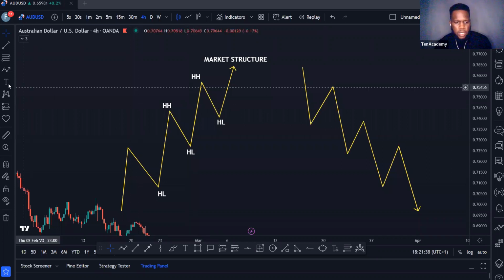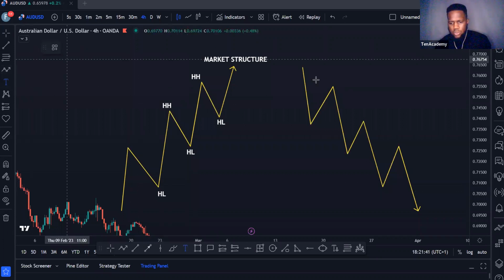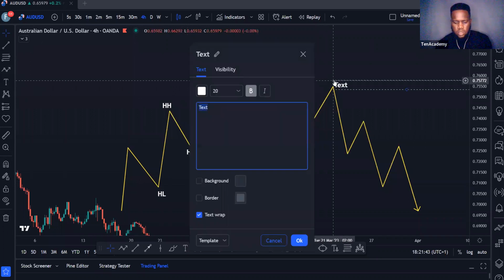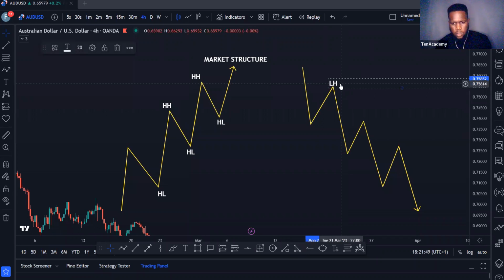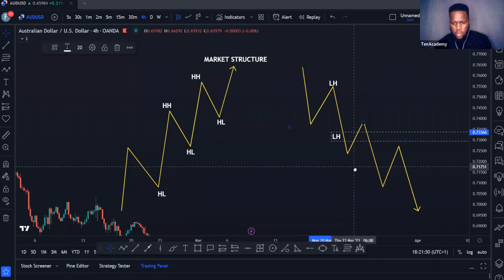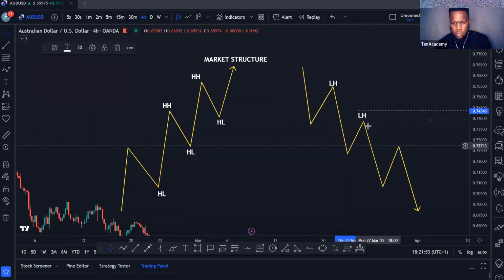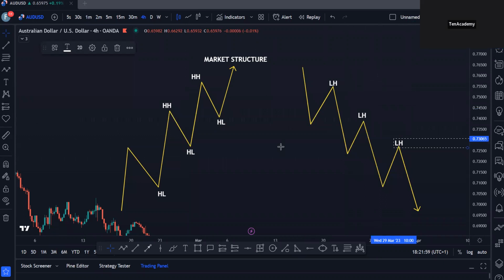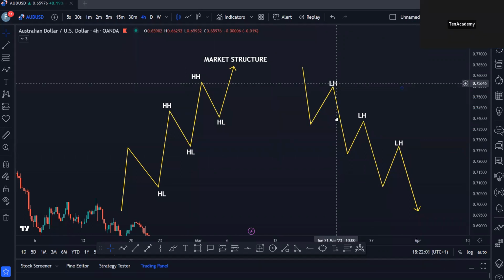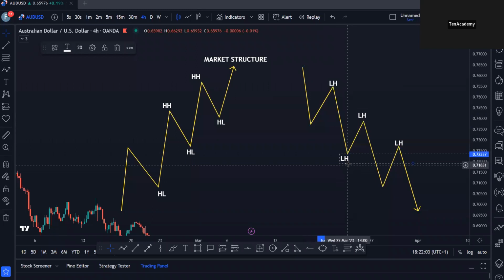Now, in a downtrend, this is your lower high, and over here you have lower highs, and then you have lower lows right here.